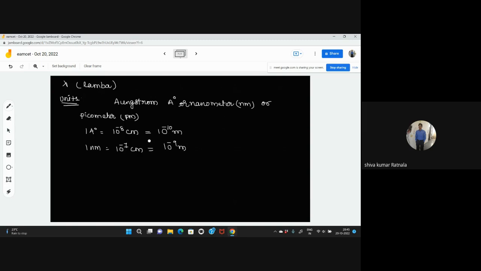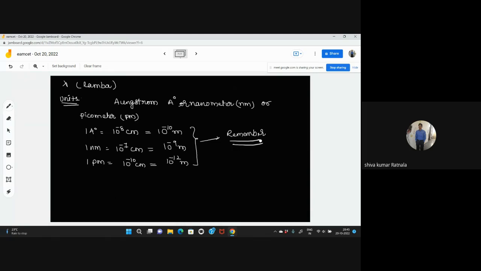You need to remember this so that we can use it for solving questions. And 1 picometer equals 10 to the power of minus 12 meters, or 10 to the power of minus 10 centimeters. Remember this while solving the questions.